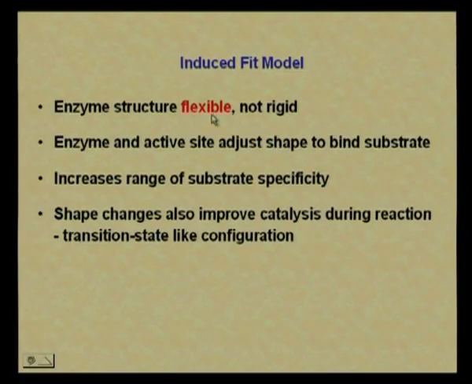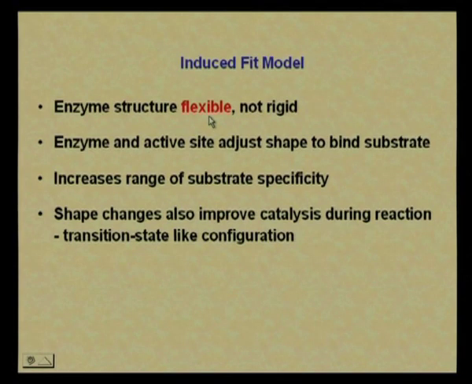Now, why can I say that the enzyme structure is flexible? Because we have all those torsional angles, we have all the bending that can occur, a slight change in what? In the polypeptide chain that can occur. And if this happens to occur near the active site just to accommodate the substrate, then we call it an induced fit model.